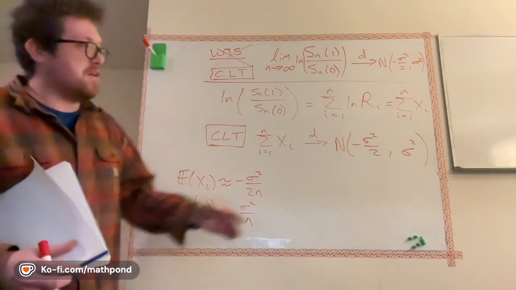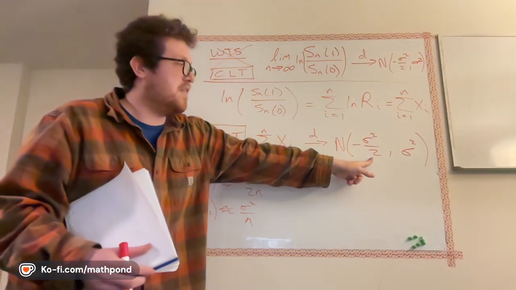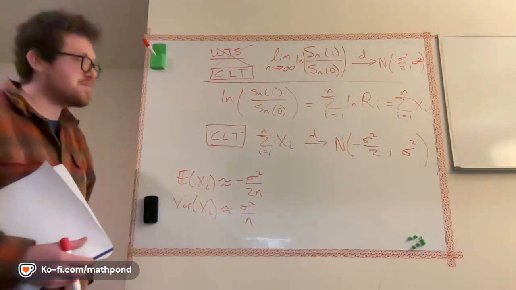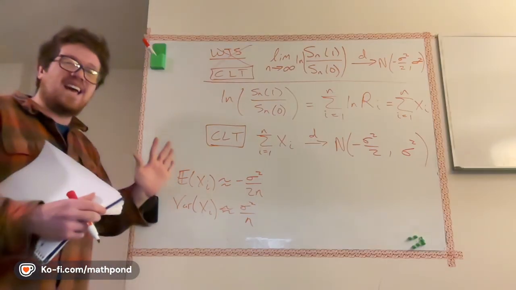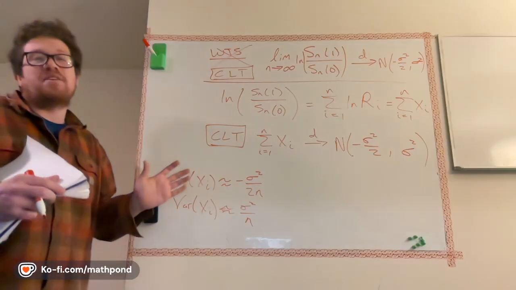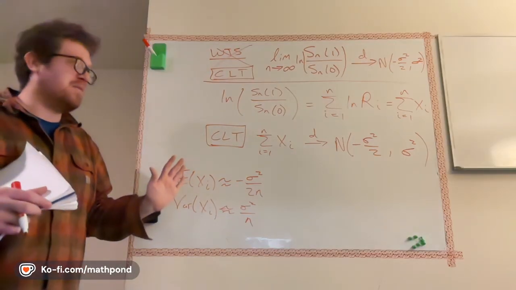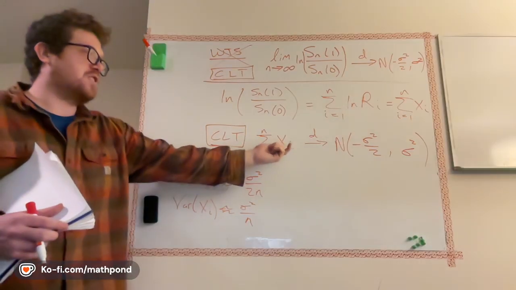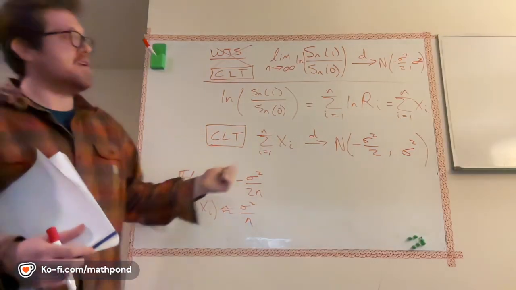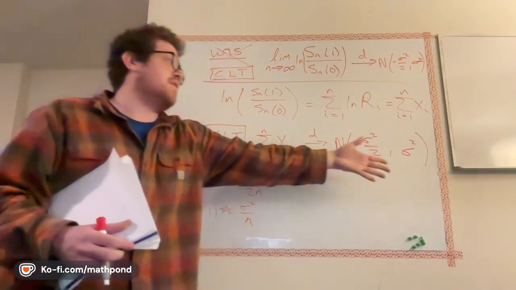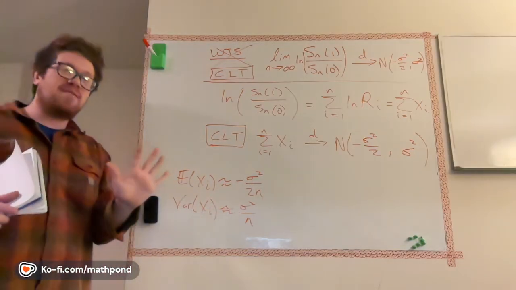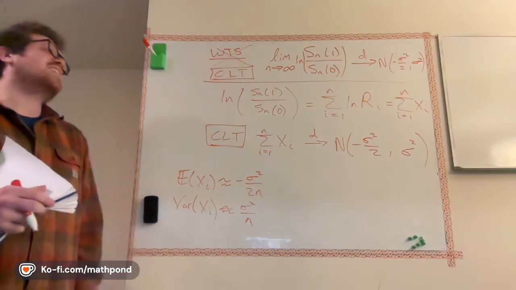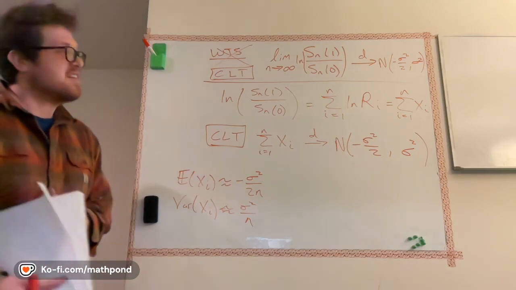It's going to be the moment generating function of this normal distribution. Okay, so this is very slightly hand wavy, but you can be confident in me that it is only a slight hand wave. Essentially, you just have to rescale and shift these, and we proved it converges to N(0, 1) for the shifted stuff, and then you just unshift. So a little bit hand wavy, but it's really not that bad.